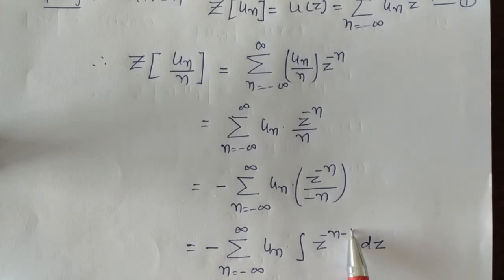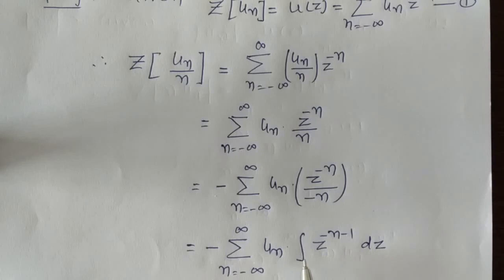If we integrate z power minus n minus 1, then we add one to the power, so we have z power minus n, and then divide by the new power, so in the denominator we have minus n.